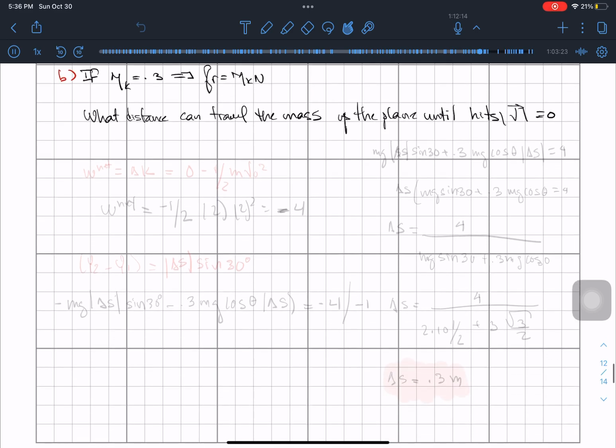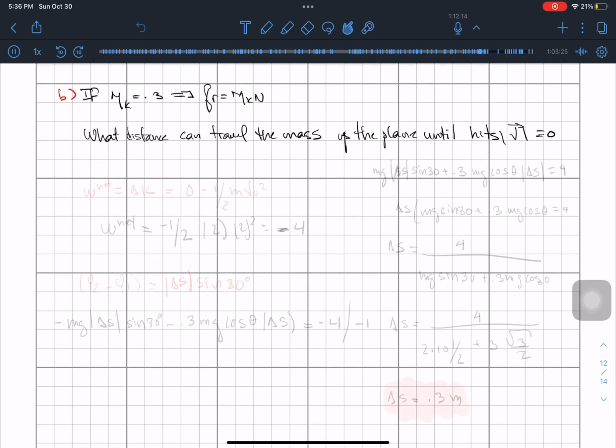So for part B, they're asking us to find what distance the mass can travel up the plane until it reaches a velocity of 0. Net work is going to be the variation of kinetic energy, which, since it's going to the top, the final velocity is going to be 0.